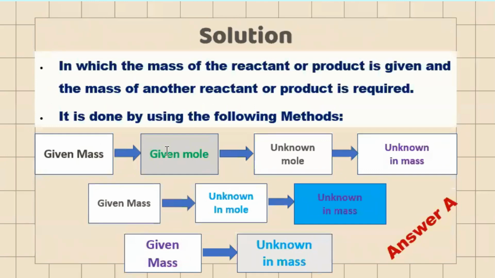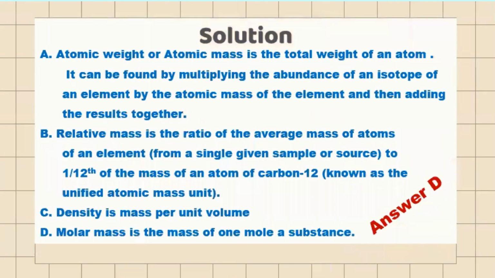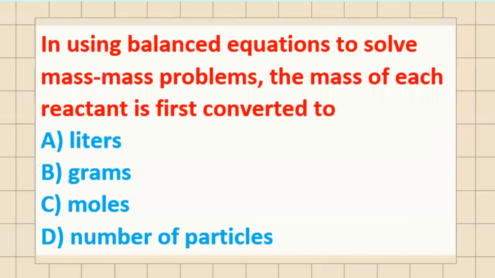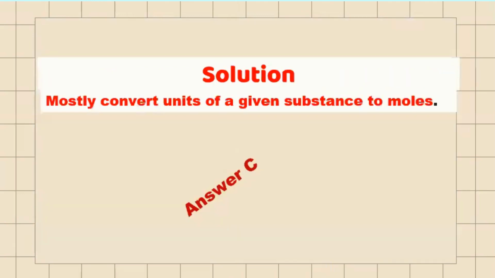Okay, first the given mass is converted into mole, or we can directly use the given mass to calculate the unknown mass. Okay, these are the methods that we use to solve mass problems. Therefore, the answer is what? C. The answer is C.